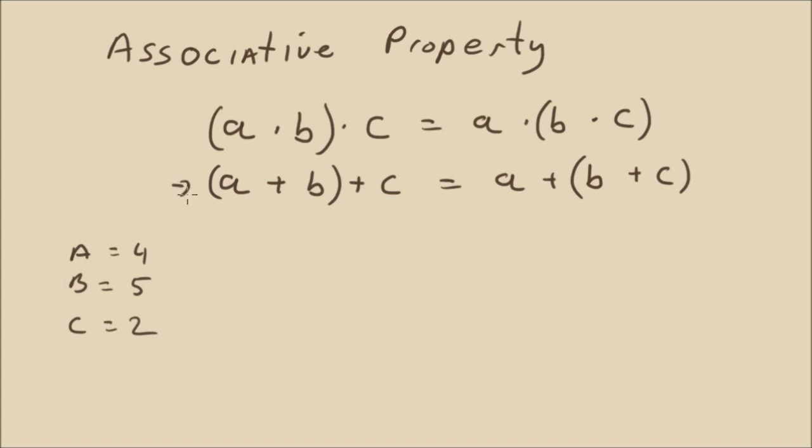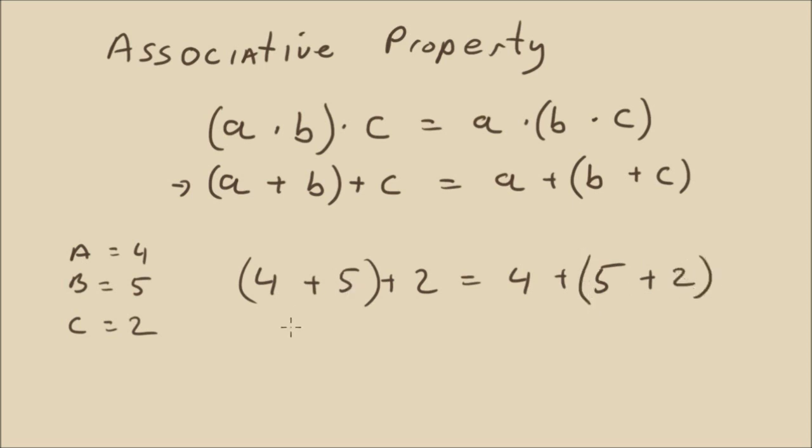So that's going to be 4 plus 5 plus 2 is equal to 4 plus 5 plus 2. That's going to give me 9 plus 2 is equal to 4 plus 7. And that's going to give me 11 is equal to 11.